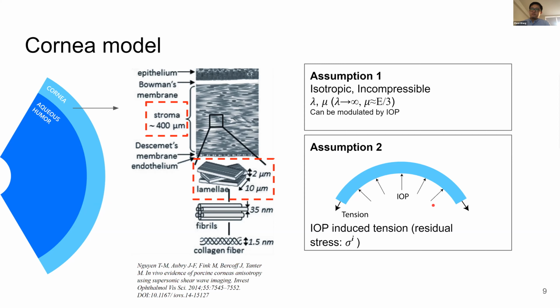It's like an inflated balloon: if you blow the balloon, the internal pressure will create a tension in the membrane that can affect the stiffness of the membrane. Also, the intraocular pressure-induced deformation may trigger the hyperelastic behavior of the cornea. So maybe mu and lambda, the two elastic constants, may be modulated by the pressure as well.